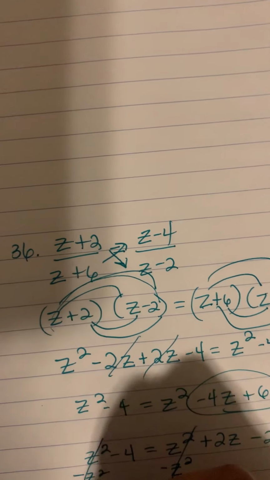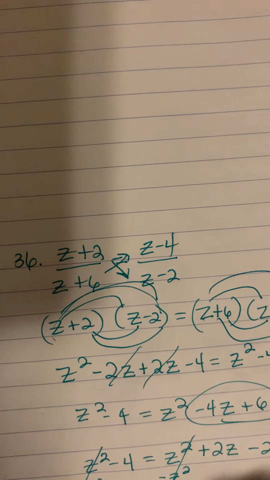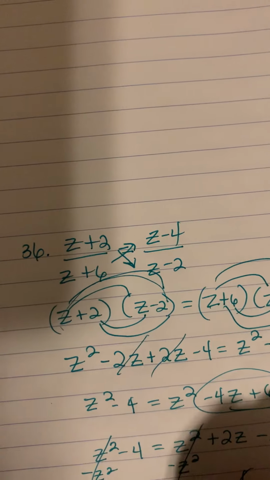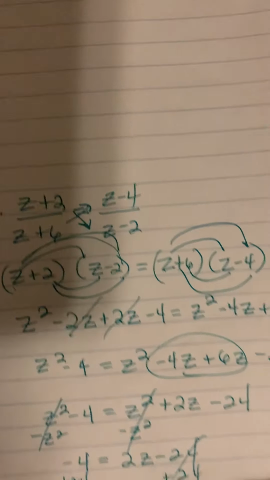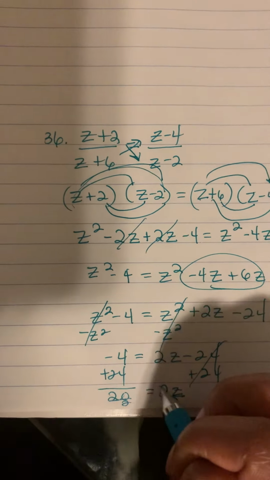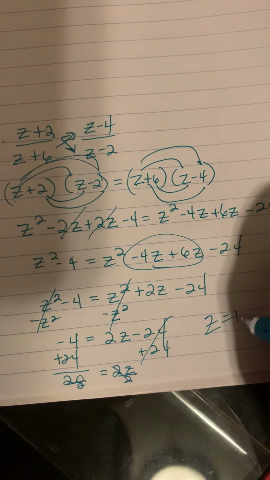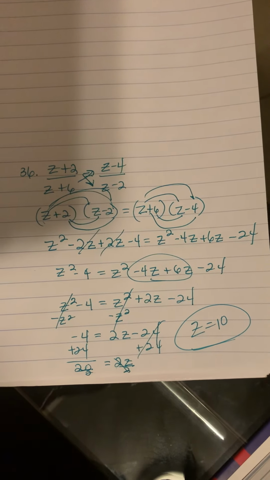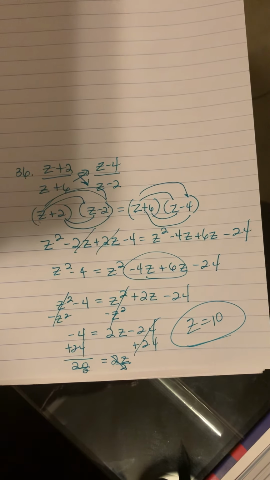So positive 24, positive 24. Let me stick that in the calculator. So negative 4 plus 24, that's 20. Equals 2z. And what's my last step? Divide both sides by 2. Y'all, this right here is 10. That's 10. All right.